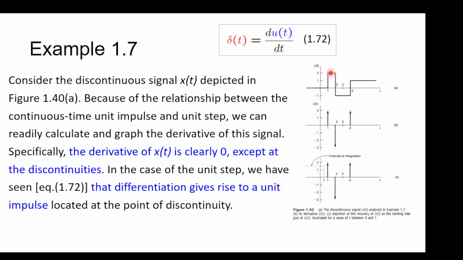Then it becomes constant once again, constant between 1 and 2, so the derivative is 0. Similarly, at t equal to 2, you get a jump from 2 to minus 1, so it's a minus 3 jump, and the derivative gives a minus 3 unit impulse here. And finally, at t equal to 4, it's a jump from minus 1 to 1, so once again that's a 2 unit impulse function here.